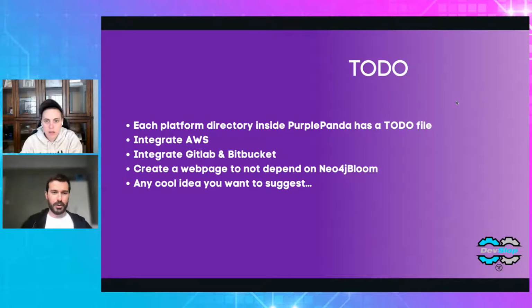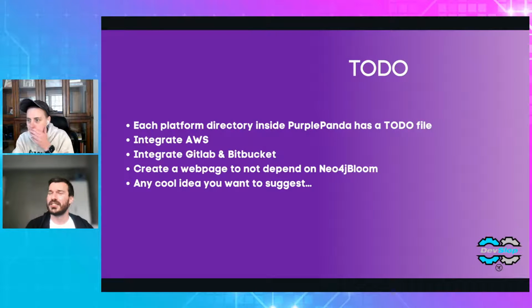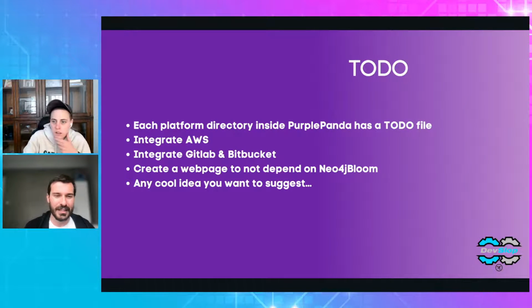So, some to-dos. Obviously, I'm working on AWS, but I also want to integrate other CI/CD platforms like GitLab, Bitbucket, Jenkins, Drone. I have a list somewhere. I also want to create a web page.